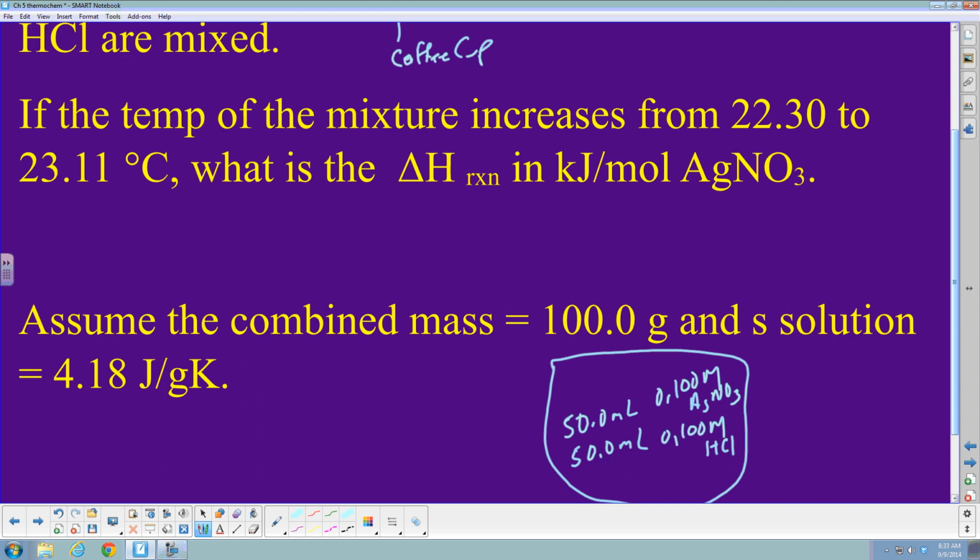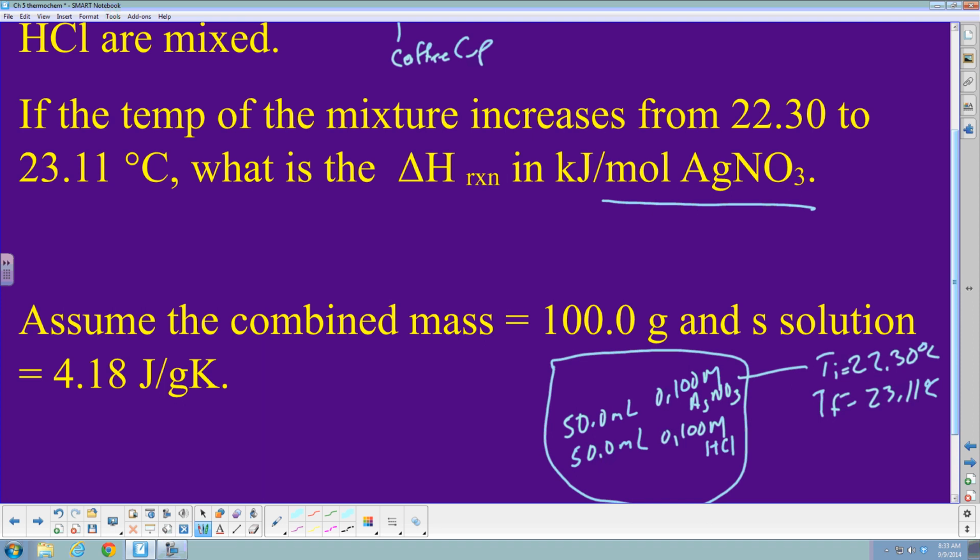Good. And they're mixed, and we're going to have a reaction occur. Specifically, what's going to happen here, I'm going to make what? A precipitate, silver chloride. The temperature increases from, so that means my TI is 22.30 degrees Celsius. My TF to what? 23.11 degrees Celsius.